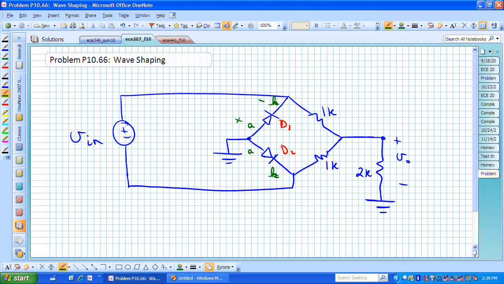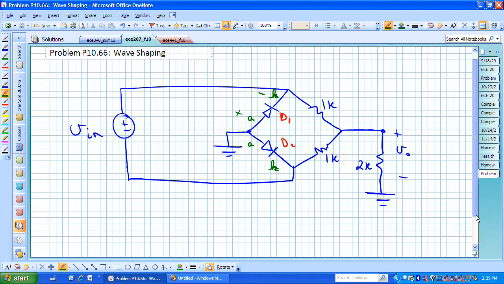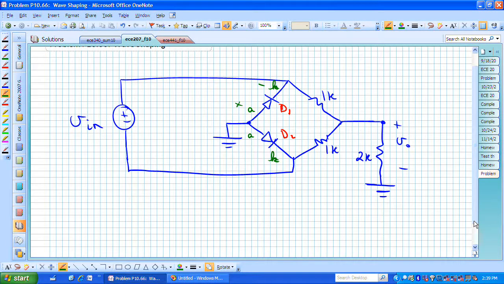There's the anode end of diode 2 and the cathode end of diode 2. You're probably looking at that circuit and saying, what in the world is going on?